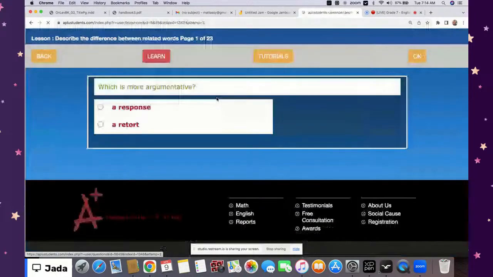Now, which is more argumentative? Which will be more argumentative, a response or a retort? Let me see.